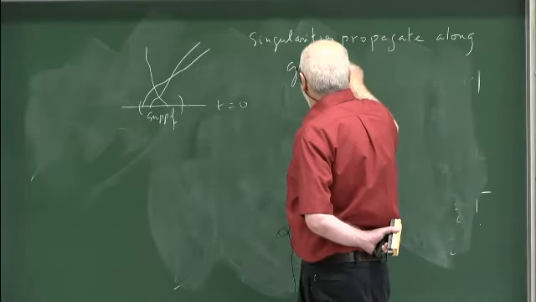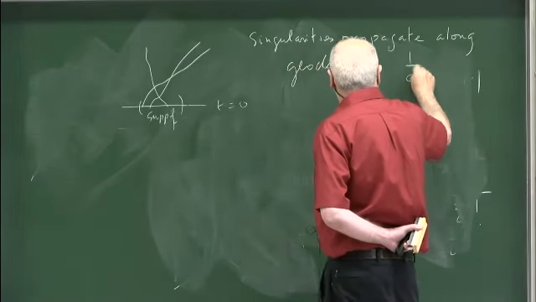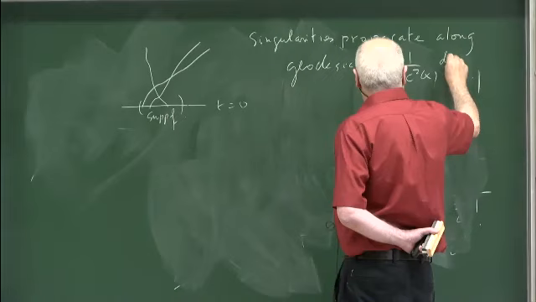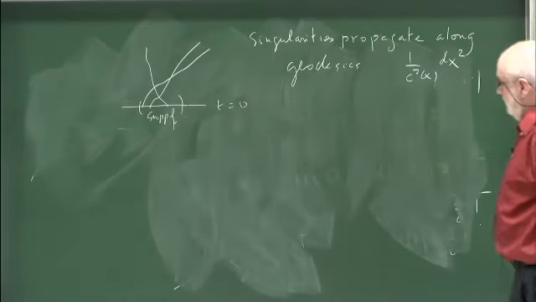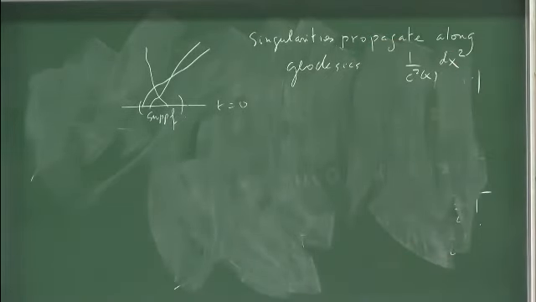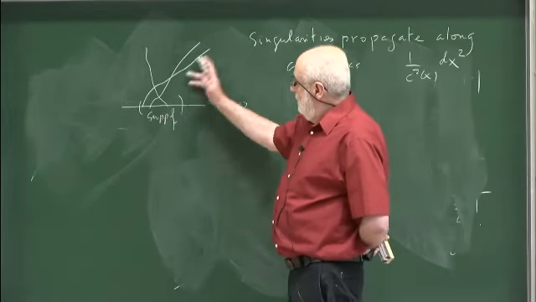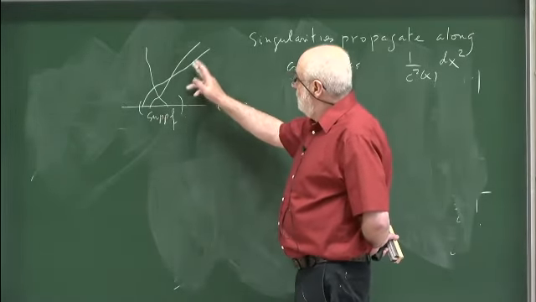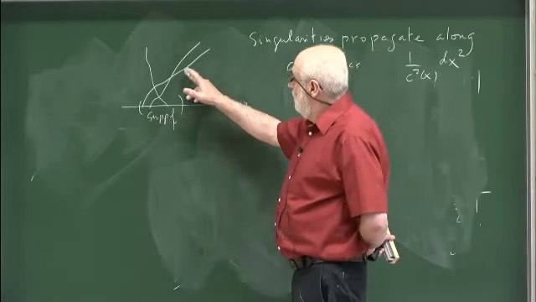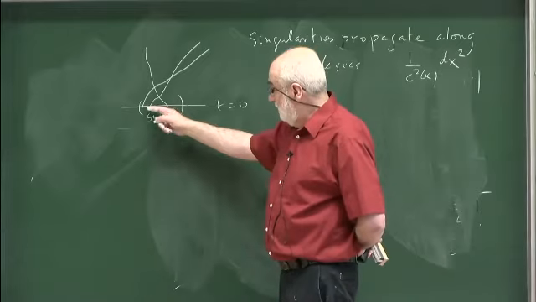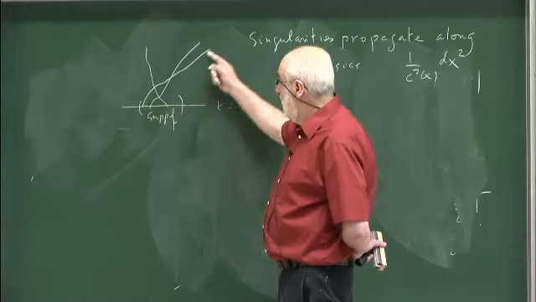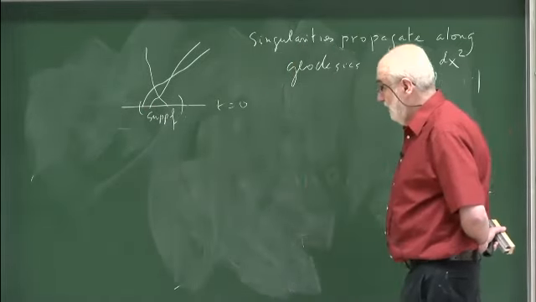And here the metric, remember, is 1 over c squared of dx squared. And I defined geodesics last time. I'm not going to define it again. So singularities of solutions of the wave equation propagate along geodesics, and the notion of wavefront set tells you not only the points where it propagates, but the direction of propagation. So you take a geodesic with a certain direction, it propagates along the geodesic.